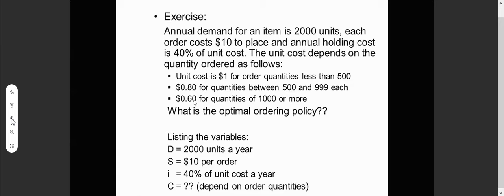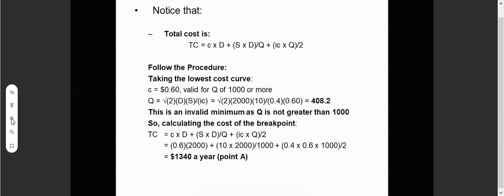We need to start with the lowest price. Why do we need to start with the lowest price? Because we would like to analyze whether we are eligible to get the lowest price with the normal order quantity from the supplier.